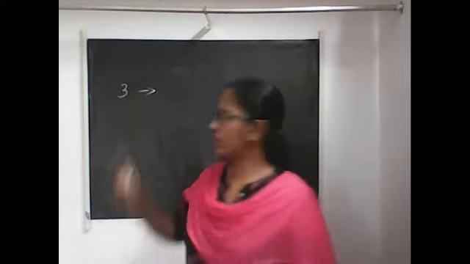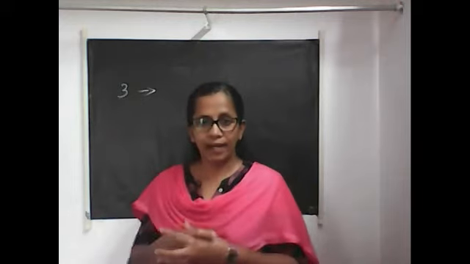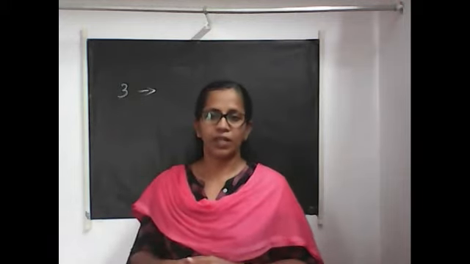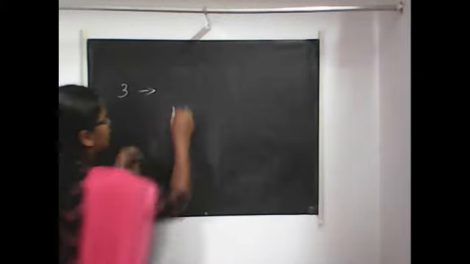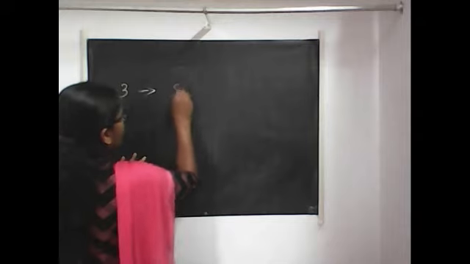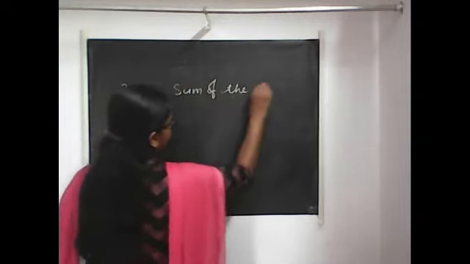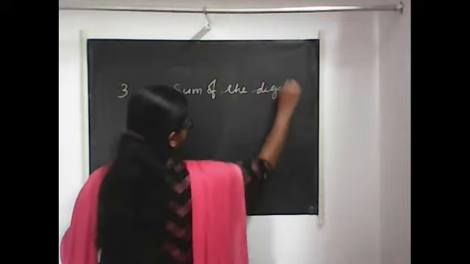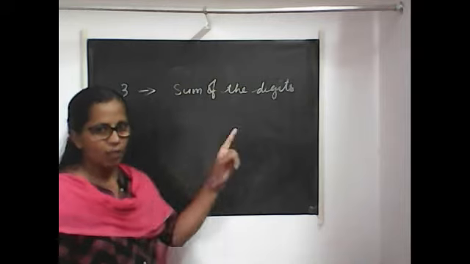So for the divisibility condition of 3, you have to find out the sum of the digits.